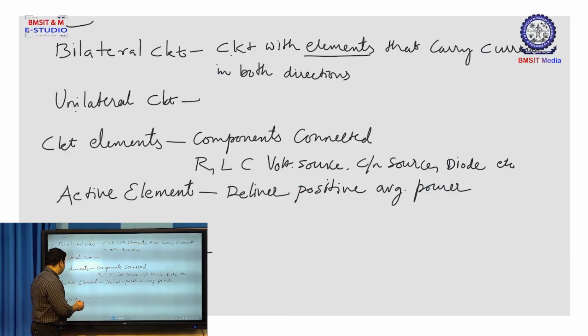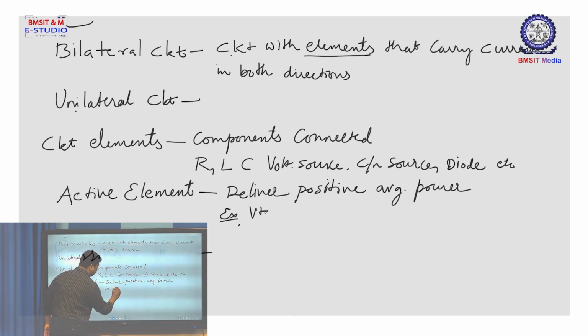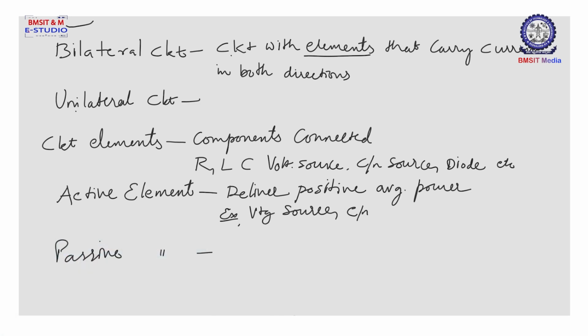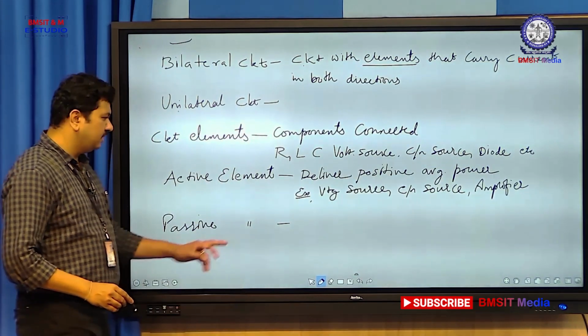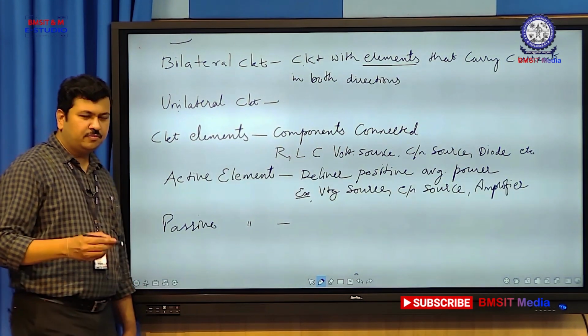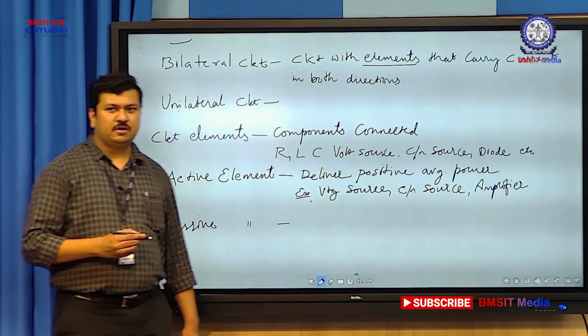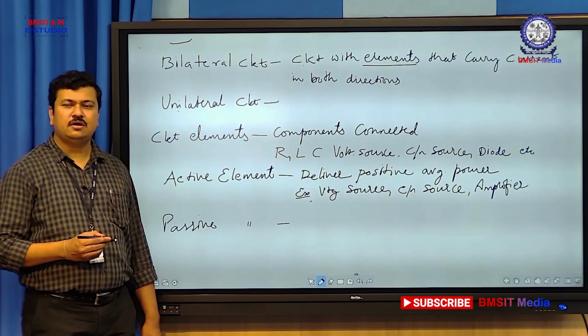To give an example of an active element, it can be a voltage source, it can be a current source, it can be at times an amplifier. Whereas passive elements are the ones that do not possess the capacity to deliver positive power, or the average power delivered may not be greater than 0.